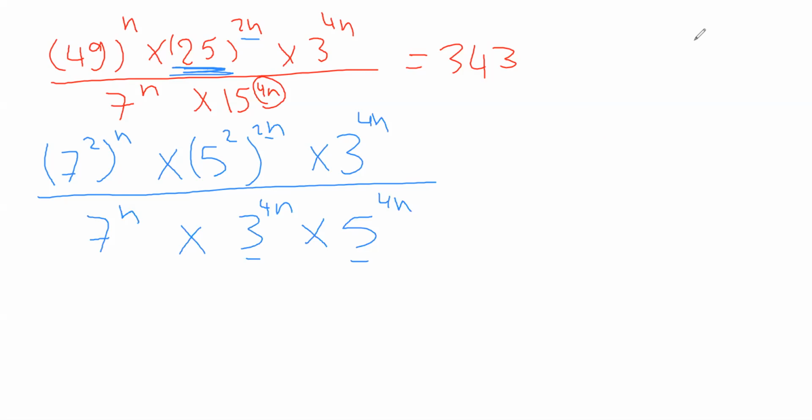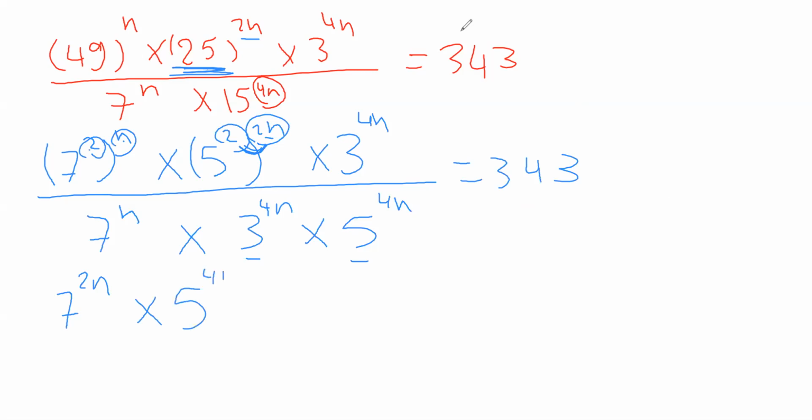Okay, all of this equals 343. Let's multiply two powers: a number raised to two powers. I have 5 power 2 and in it 2n, so I multiply 2 times 2n, which equals 2 times 2 is 4 and the n as it is.